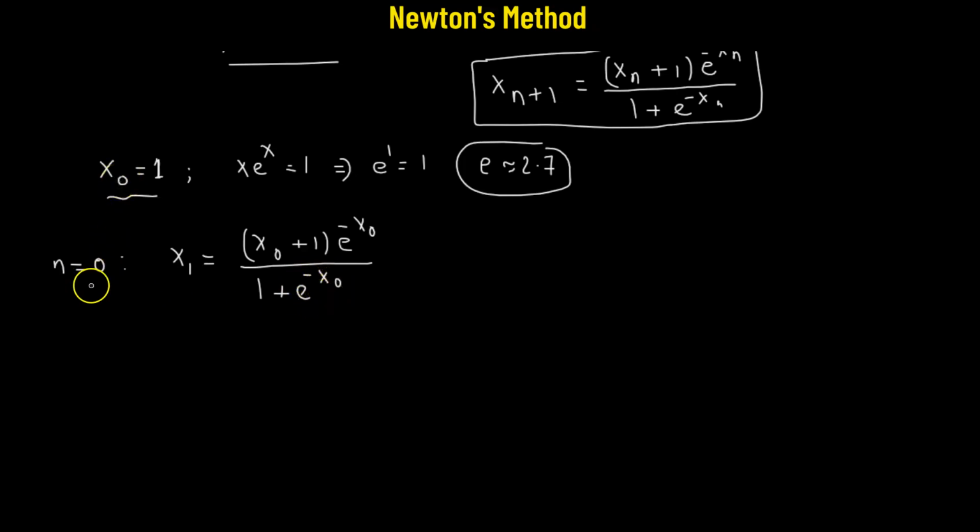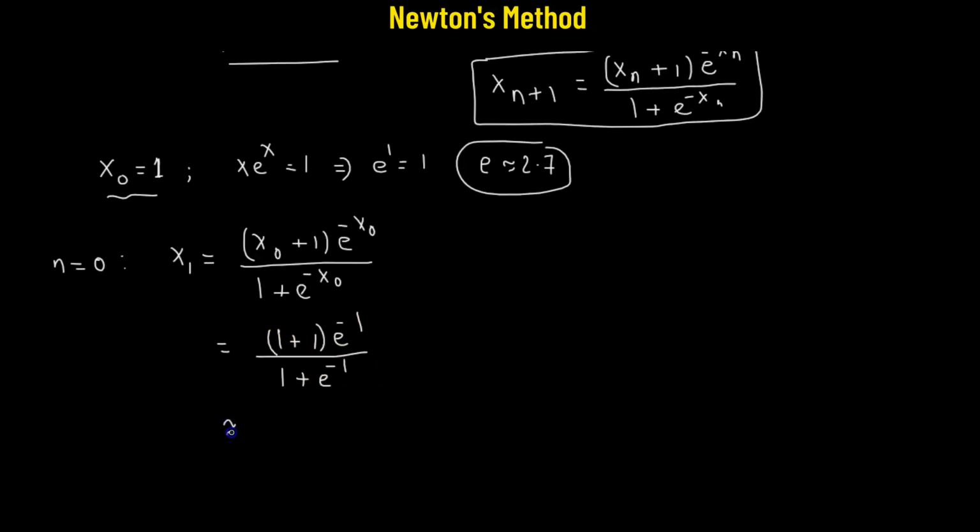We have considered the value of x0 to be equal to 1. So this will be (1 + 1) times e^(−1), divided by 1 + e^(−1). We'll use the calculator, and this is going to give us a value approximately 0.5379. Now this is our x1.